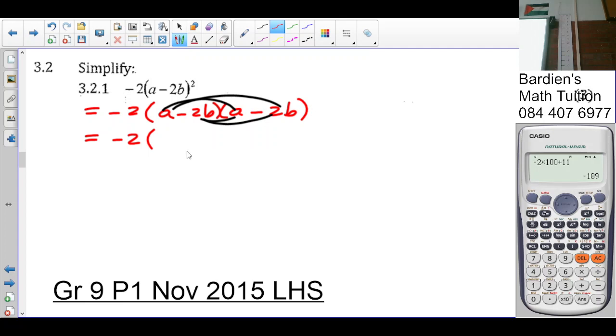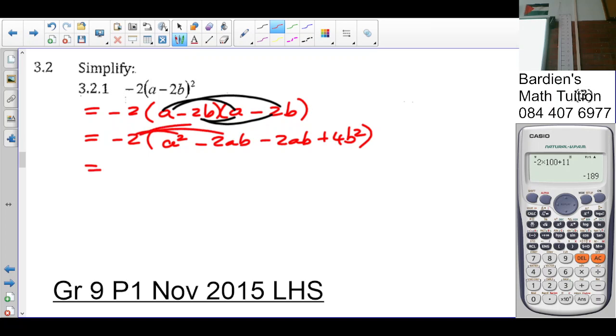A times a squared. A times negative 2b, negative 2ab. Negative 2b times a, negative 2ab. Negative 2b times negative 2b, 4b squared. So what do I do now? Multiply negative 2 in. Or what I could have done, like terms.